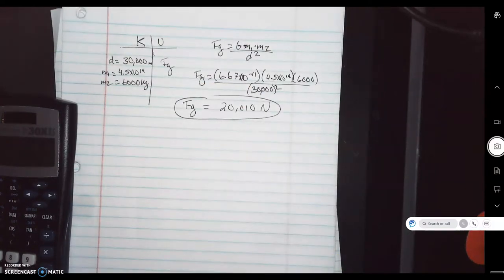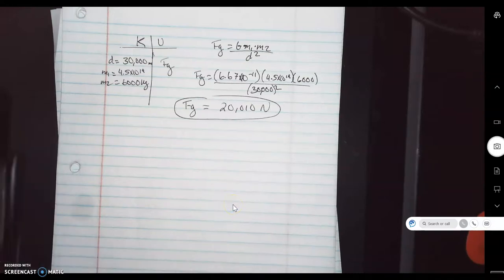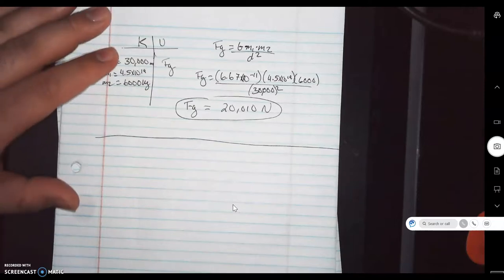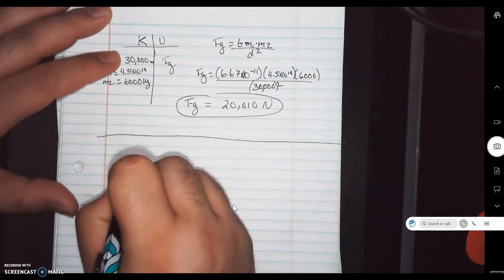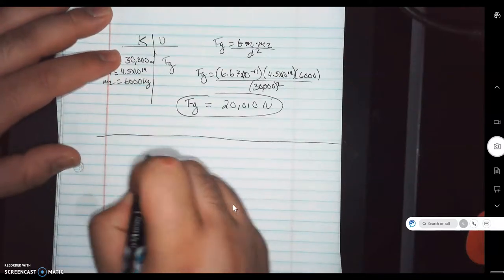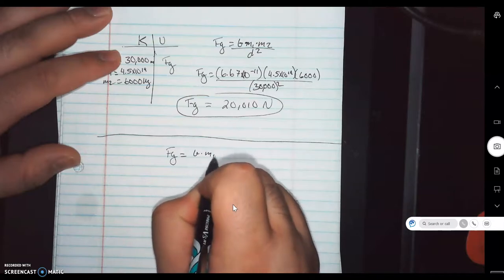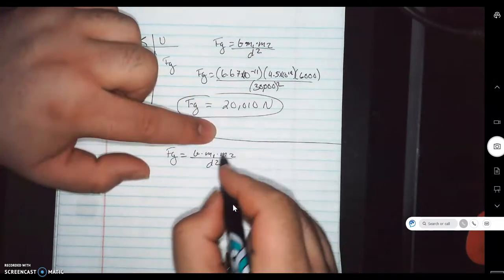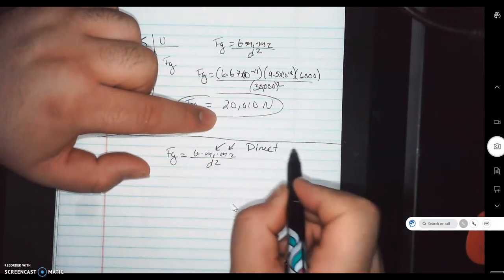Okay, last thing I want to talk about are the relationships. And the relationships, it goes on and asks, what would happen to a force if you double the mass? So very similar to the force of electrostatics, if you think about that equation, you have G times M1 times M2 all over distance squared. So if it's on the very top of this equation, it has a direct relationship.